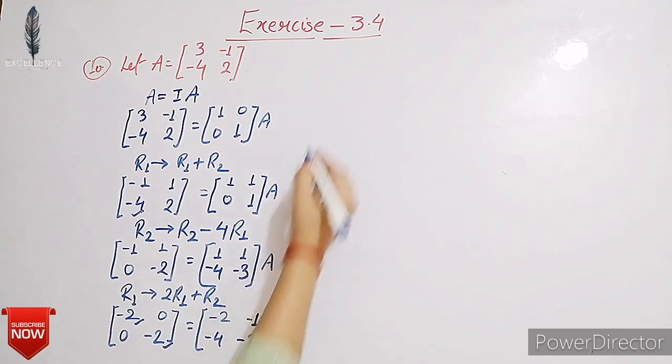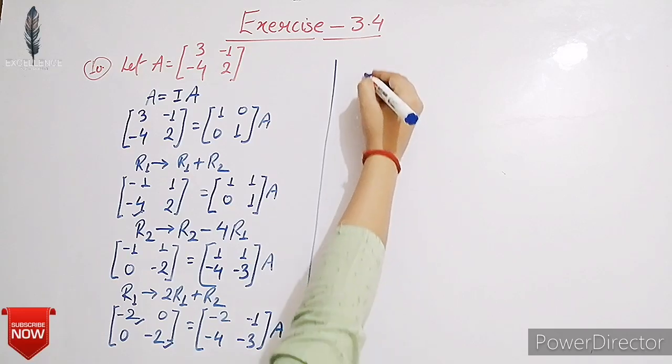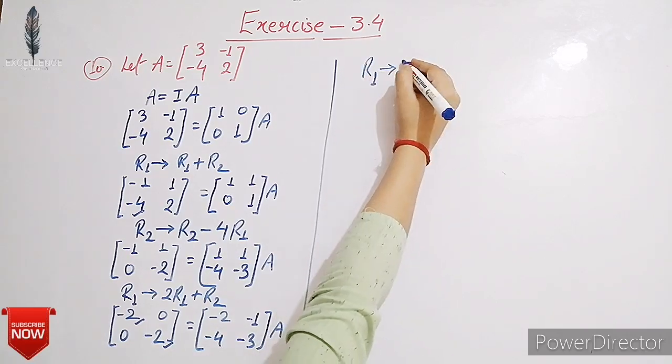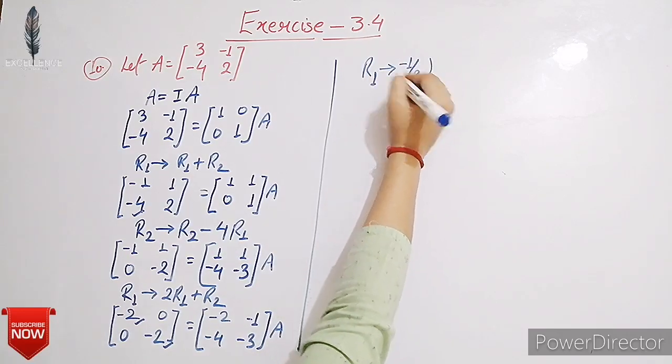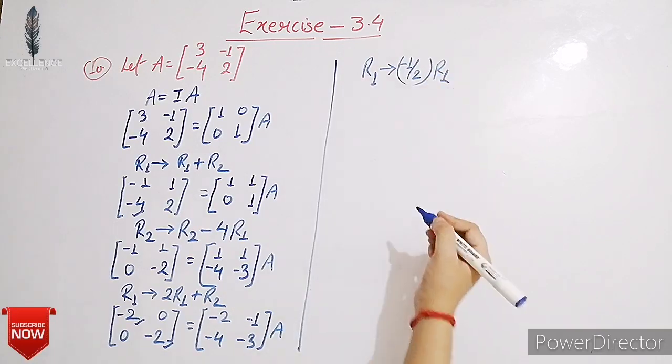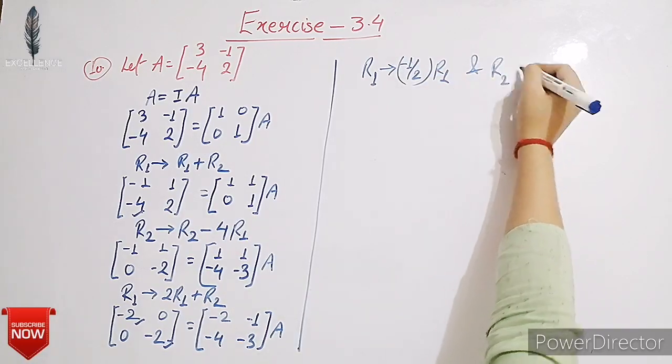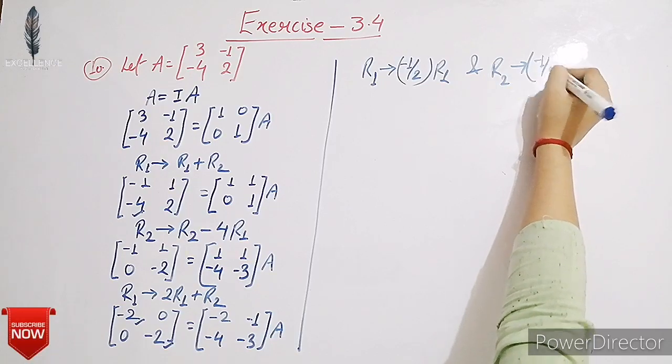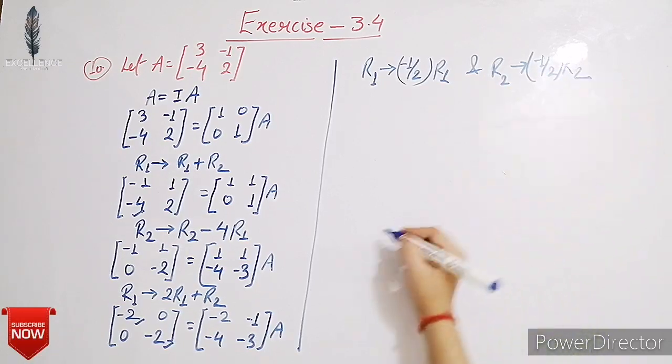Clearly we have to convert it into 1 to make it identity matrix. So we have R1 is such that minus 1 by 2 R1 and R2 is changed to minus 1 by 2 R2.